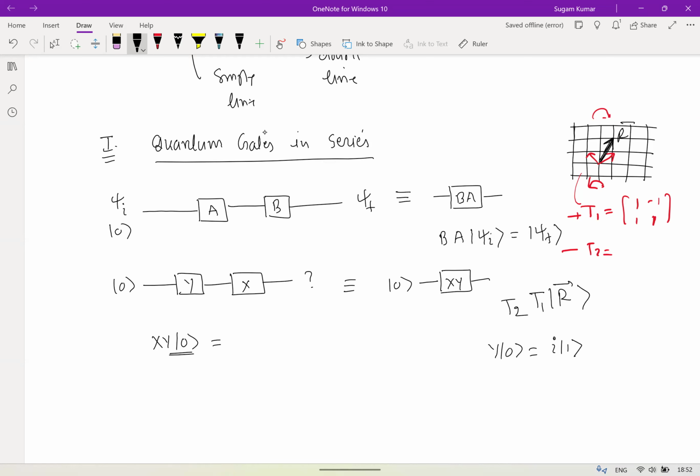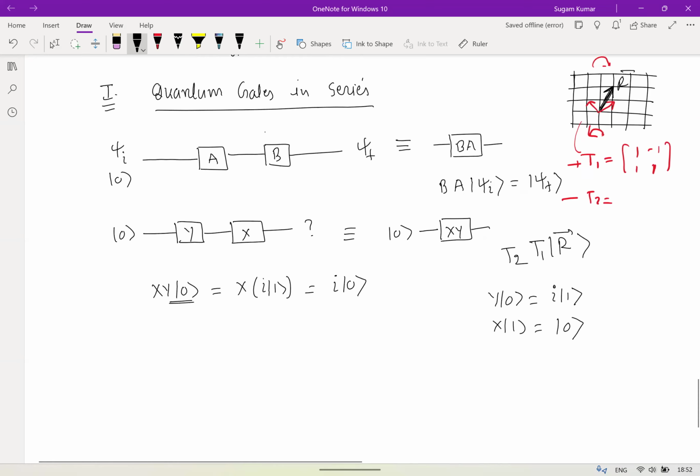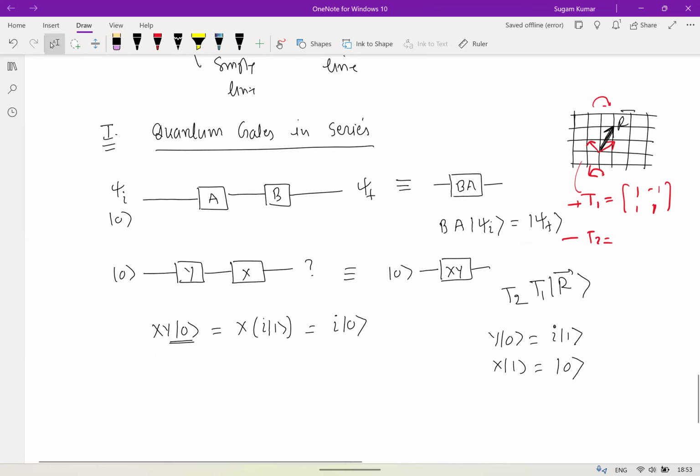So this is going to be x into iota 1. And when x operates on the 1, what will it make? 0, correct? So this is going to be iota 0.